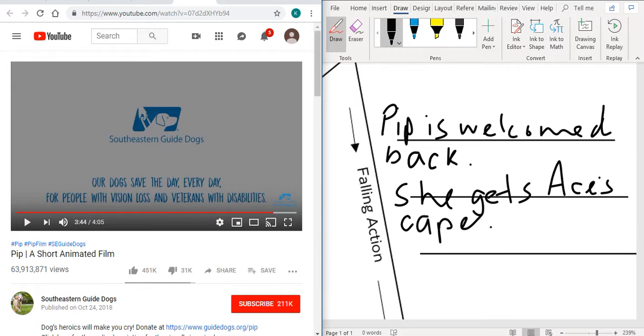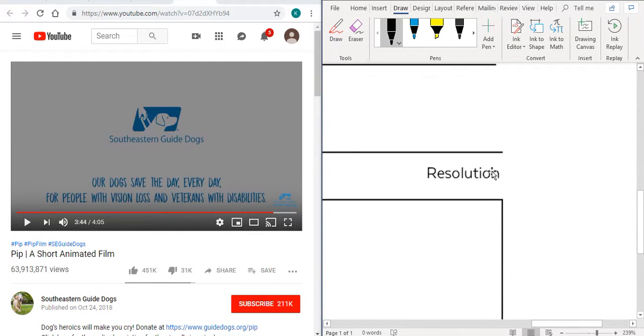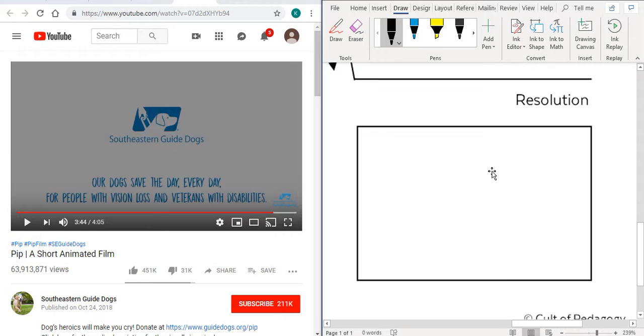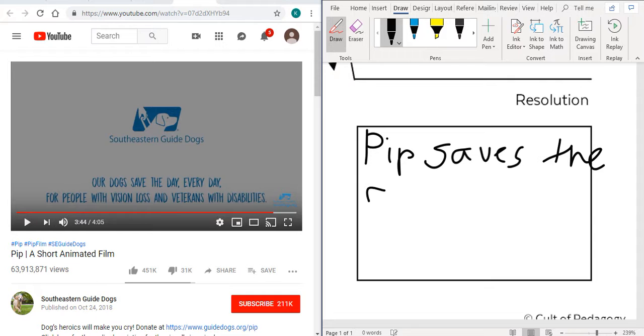She gets Ace's cape, and then in our resolution, we can see that our dogs save the day every day. All right, so Pip saves the day. So basically that's what that is.